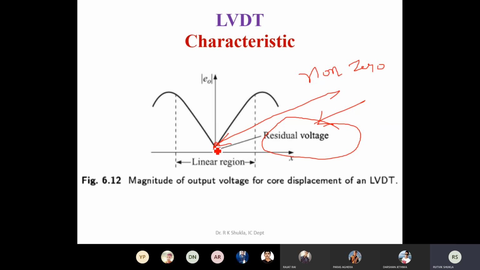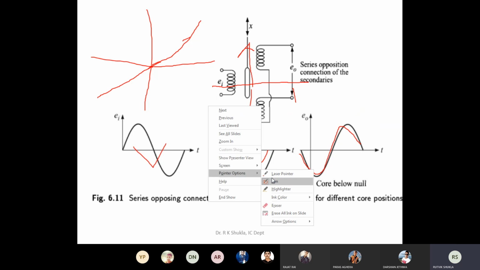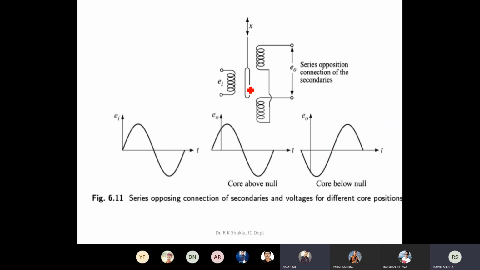Now the second thing is your output from the residual or the null point keeps on increasing, but after a certain point it keeps on falling. The same thing is true on the other side. It keeps on increasing till a certain point, and after that it keeps on reducing. Now this is due to the fact that, suppose this is your null position.